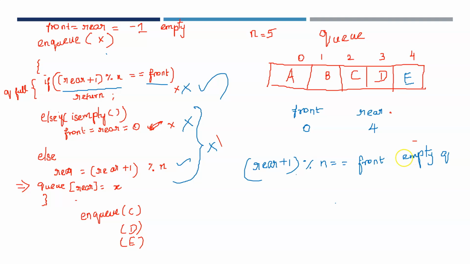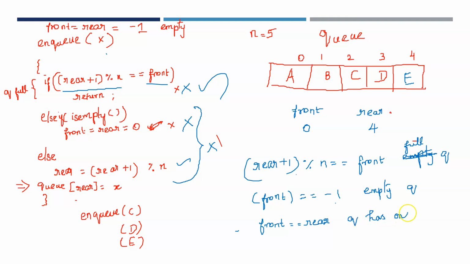Oh, I'm sorry, I said empty earlier, it is a full queue. When front equals minus 1, then it is an empty queue, that is queue underflow. And when your front equals rear, then it means the queue has only one element.